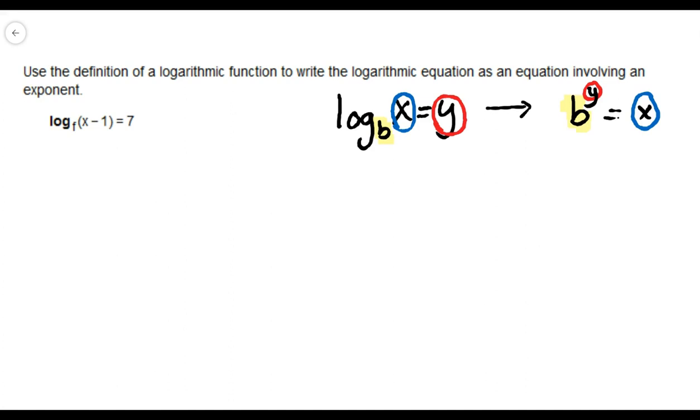So let's try this with this example here, which is log base f of x minus 1 equals 7. So if I want to write this as an exponential, the first thing I'm going to notice is the base. The base is f, and that is going to be the base of my exponential. The log always equals the exponent.